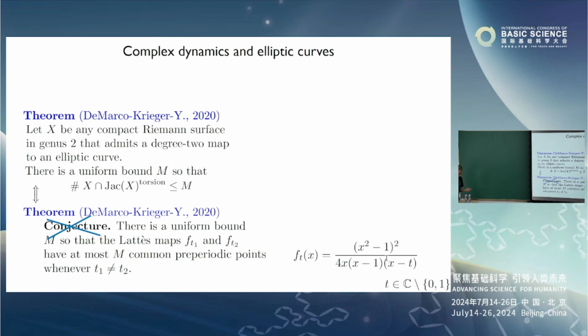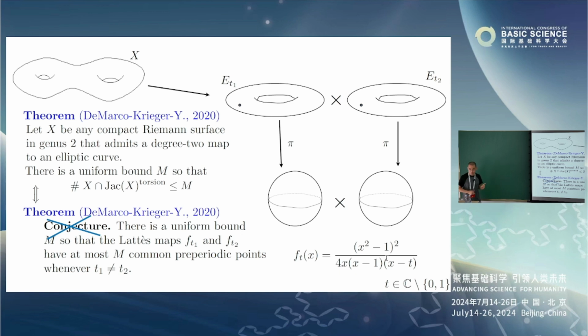Okay, so how does this one lead to the result? You start with the common points of a family of dynamics, and then you study the uniform Manin-Mumford. So essentially, this is P1, right? You have the F_T1 dynamics here, the F_T2 dynamics here, and then you have E_T1, E_T2. The common preperiodic points are on the diagonal, right?